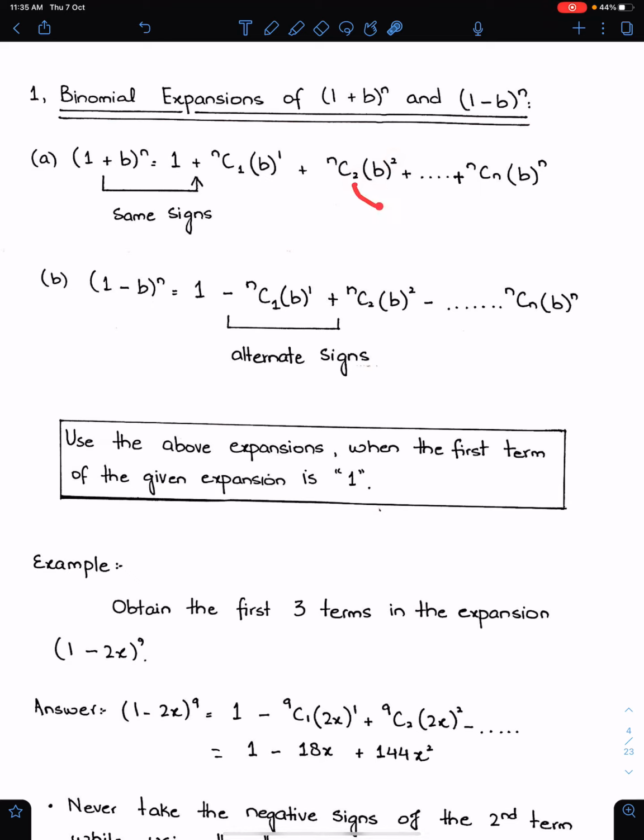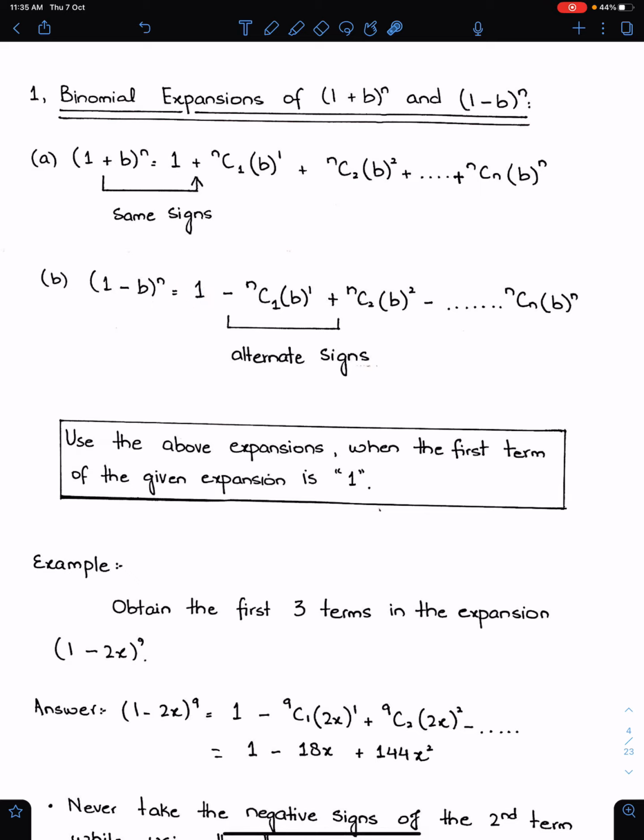This number is the power of the second term. And when we have positive sign, then all signs are positive. When we have negative sign, then signs are alternate. Always expand the theorem with alternate signs.